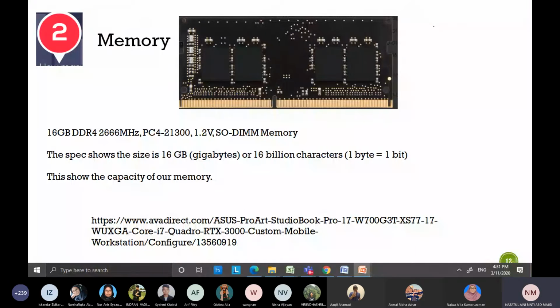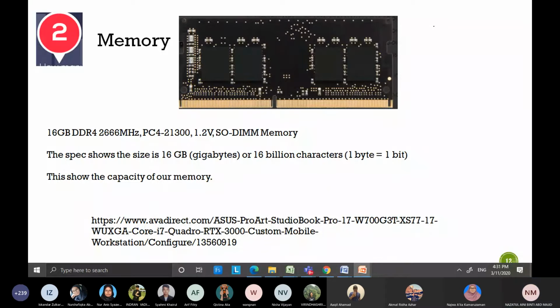So we have looked so far at the clock speed, how fast our computer can run our instructions. If your computer is able to do 2.6 billion per second, you can imagine how many instructions can be run within 1 second.